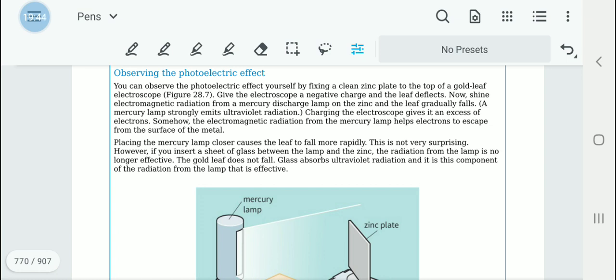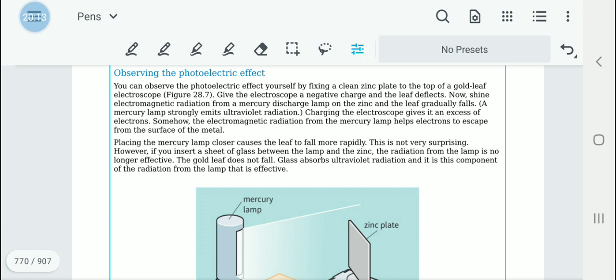When we charge the electroscope, there are excess electrons. When we charge it with electrons, that means the electrons are trapped in there.